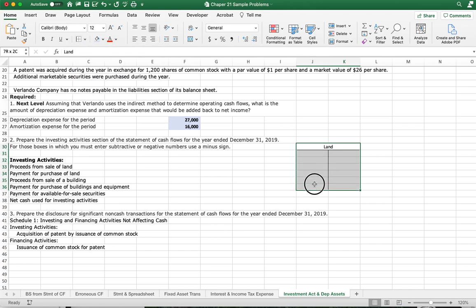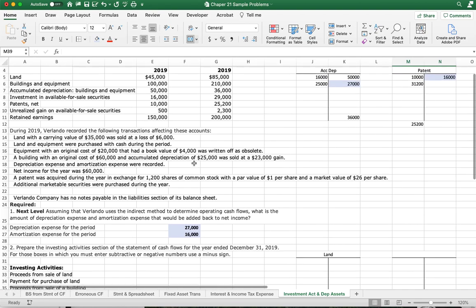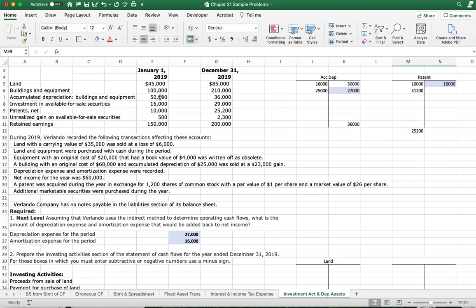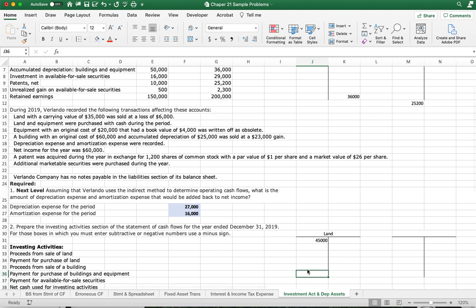And I'm just going to copy this while we have it, in case we need a couple more. Okay, so for the land, we had a beginning balance of 45,000. We have an ending balance of 85,000.